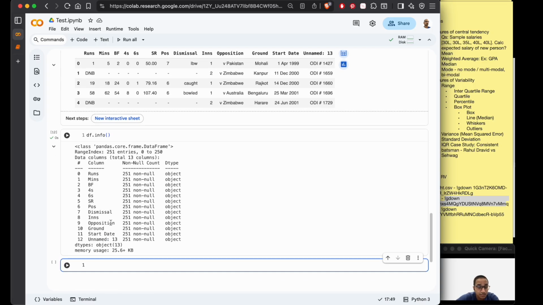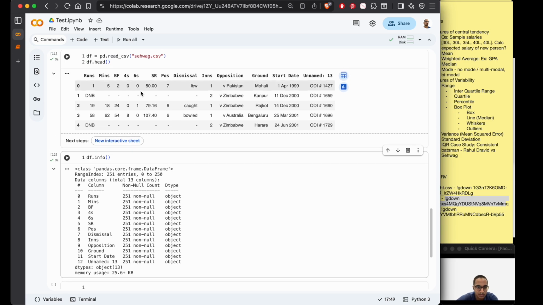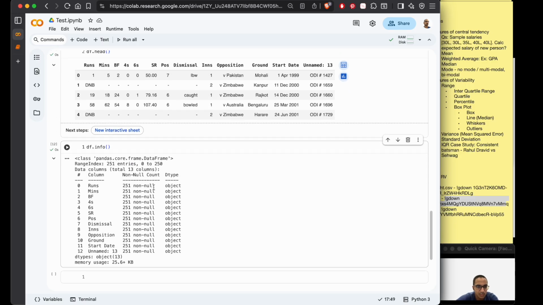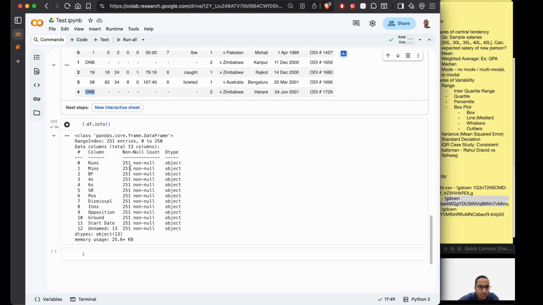All of them are of type object, which is clearly not convenient for numerical operations. So we'll have to convert the objects to appropriate float and int types, and first clean some of the numerical columns. If there are any infinities, we have to get rid of them. We'll do all that quickly.